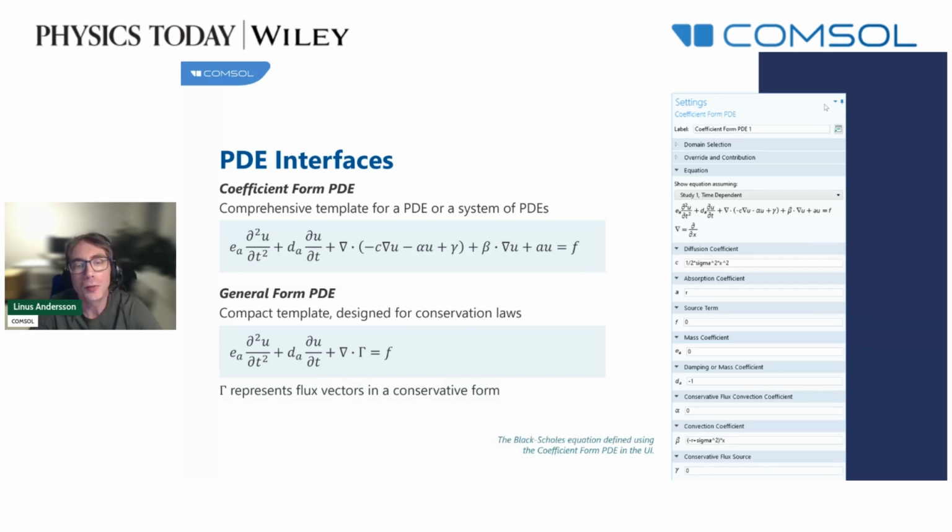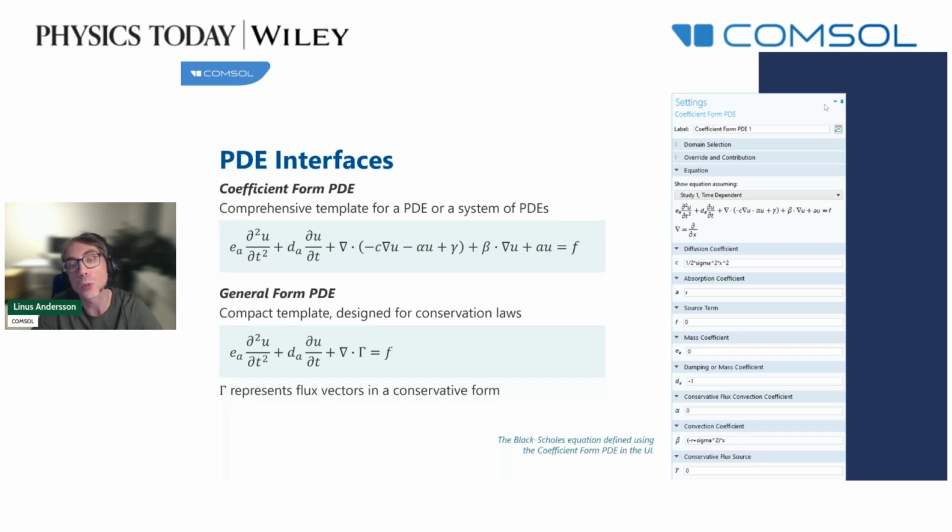If you look closely at the interface for the coefficient form, or to an even greater degree the general form, it may seem just a little bit limited. I mean, surely there are lots of equations that can't be expressed on these forms, right? The general form has just 3 coefficients to fill in. I guess you can't do much with that. Well, the thing is, anywhere you can type in a number, you can also type in expressions.